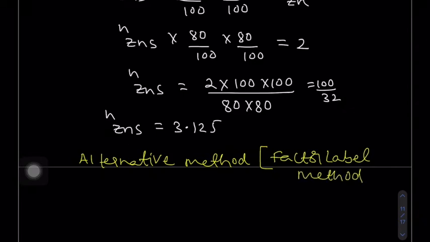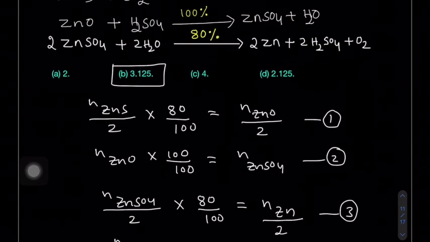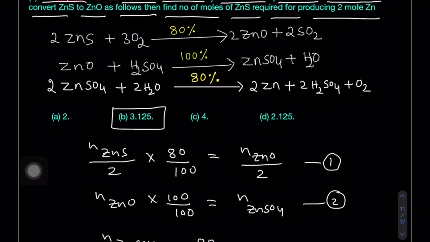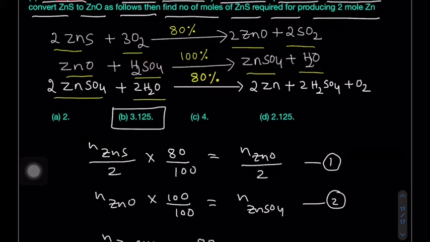Once again I am writing the given reactions. 2ZnS plus 3O2 gives 2ZnO plus 2SO2. Second equation, ZnO plus H2SO4 gives ZnSO4 plus H2O. Third equation, 2ZnSO4 plus 2H2O gives 2Zn plus 2H2SO4 and O2.